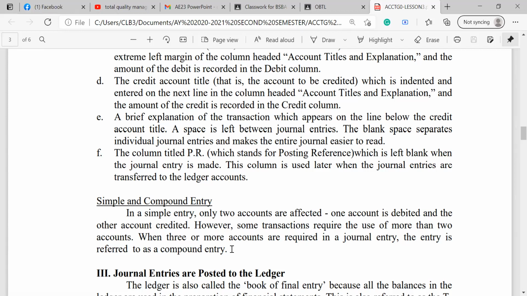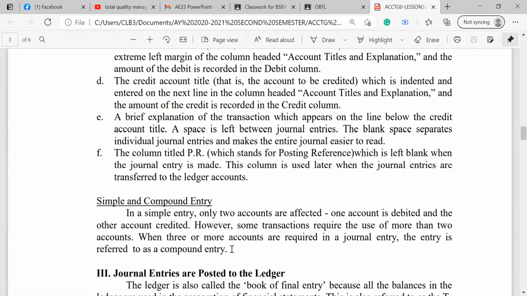So in that case, yung machine mo naka-debit ng 100,000, yung cash mo naka-credit ng 20,000, yung accounts payable mo naka-credit ng 80,000. So there are 3 accounts affected in the journal entry. Isa lang yung transaction, pero 3 accounts ang affected.